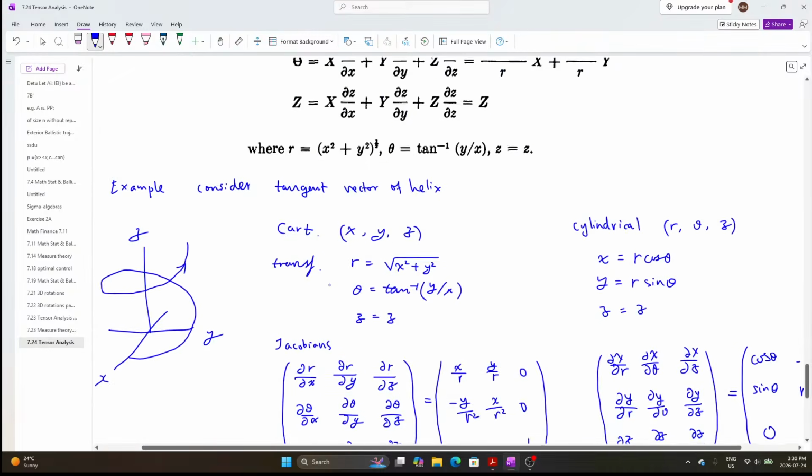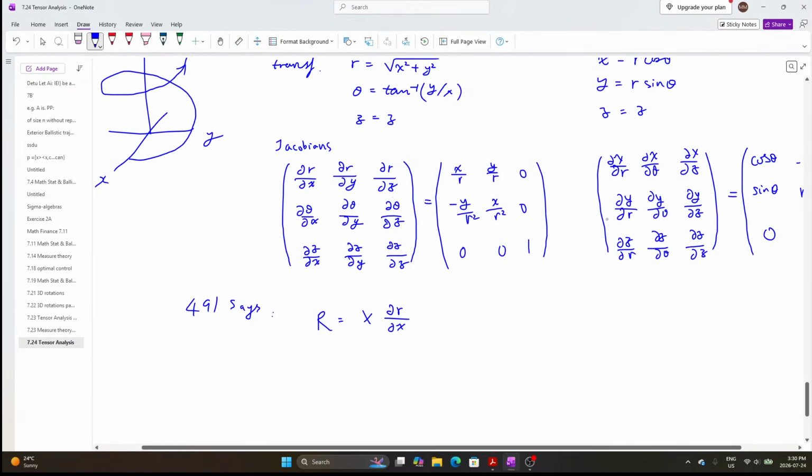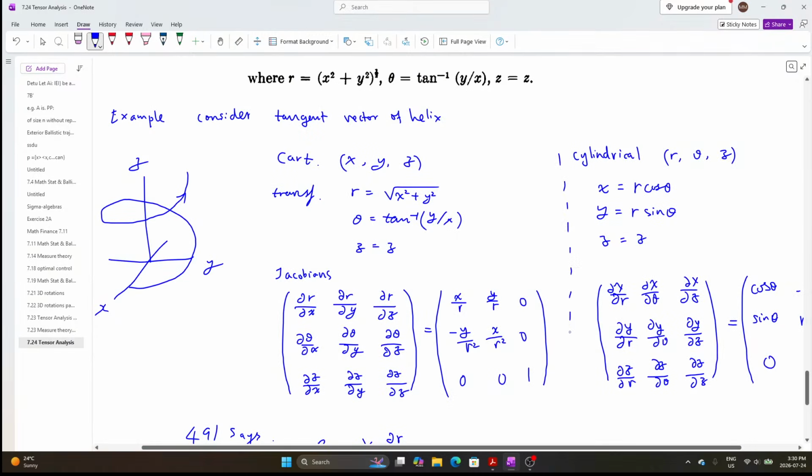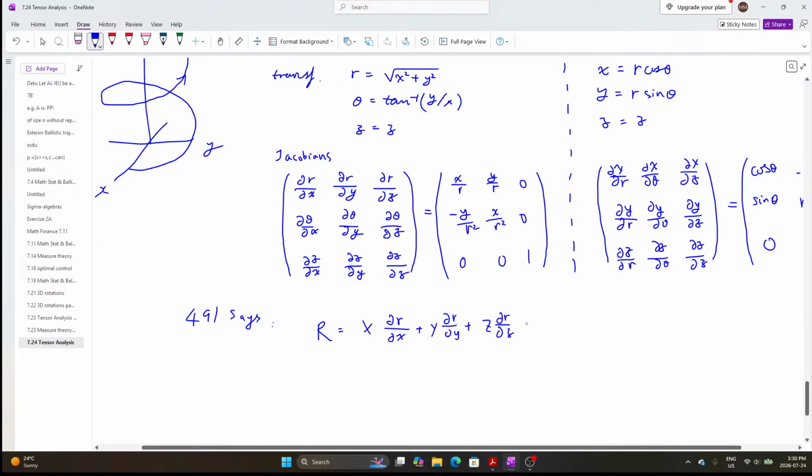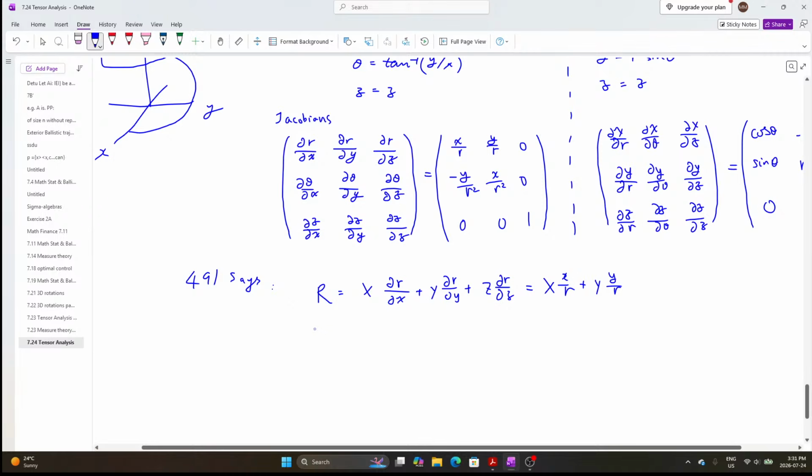This is the forward Jacobian, not the inverse Jacobian. So use this one: X times dr dx plus Y times dr dy plus Z times dr dz. It should be big X times little x over r plus big Y times little y over r plus 0. So we write nothing. That's the first transformation.